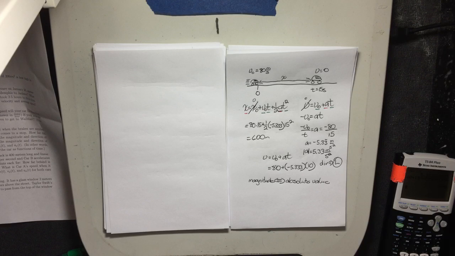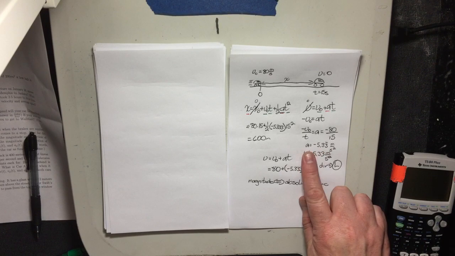So if my acceleration was negative 5.33 meters per second squared, the magnitude of that acceleration is 5.33 meters per second squared. So magnitude is just implying the value itself with no signs, no information regarding left or right.